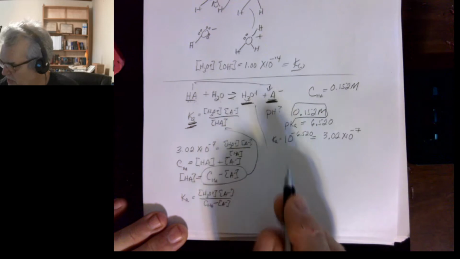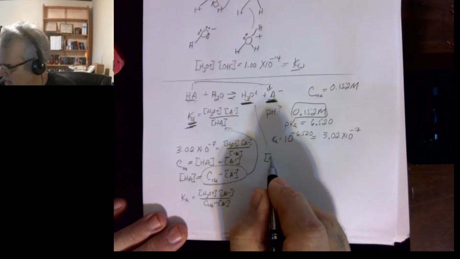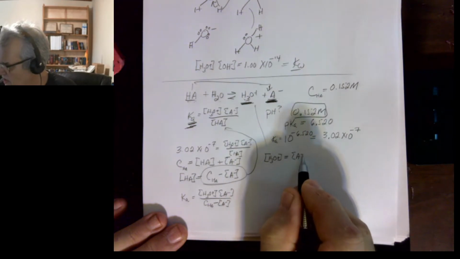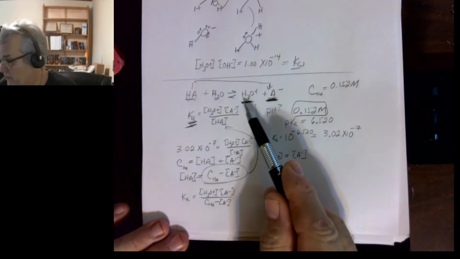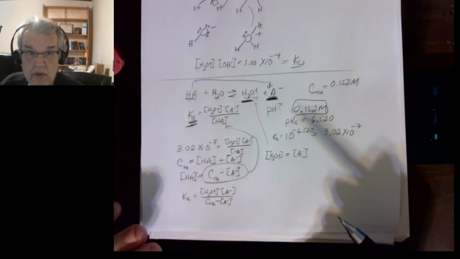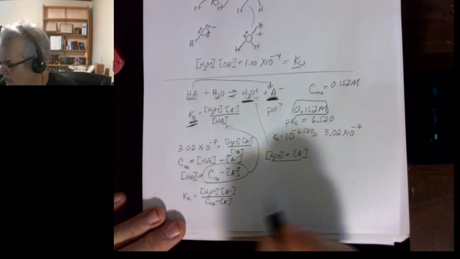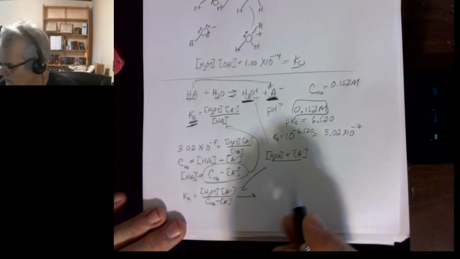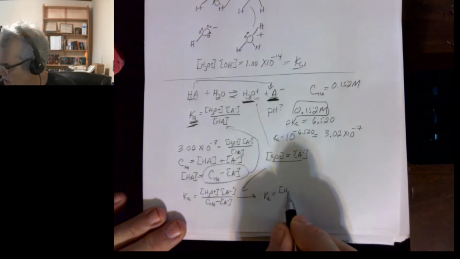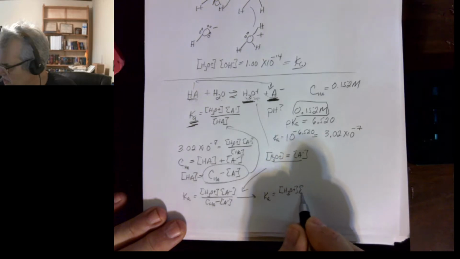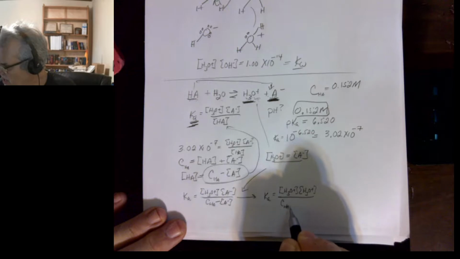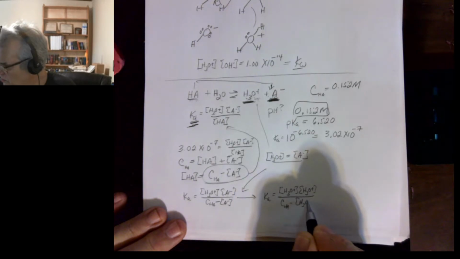then I can easily see that, based on what's going on up here, I could say that my hydronium ion concentration is approximately equal to the A minus concentration, right? If there's one of these formed for every single one of these formed, then the concentrations must be pretty equal. So if I say that they're equal, then I can say now Ka is equal to H3O plus times H3O plus over top of CHA minus H3O plus.